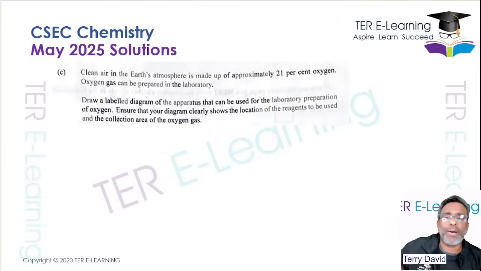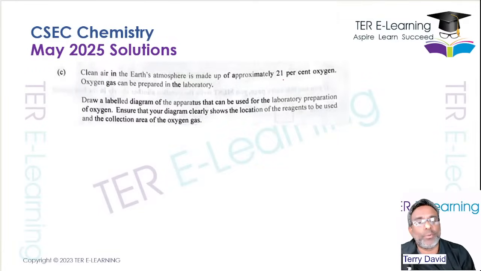And the final part here: clean air on the earth is approximately 21% oxygen. Oxygen gas can be prepared in the lab. Draw a labeled diagram of an apparatus that could be used for the lab preparation of oxygen. If you don't know how you prepare oxygen, basically if we take hydrogen peroxide, it decomposes to give us H2O and oxygen gas.